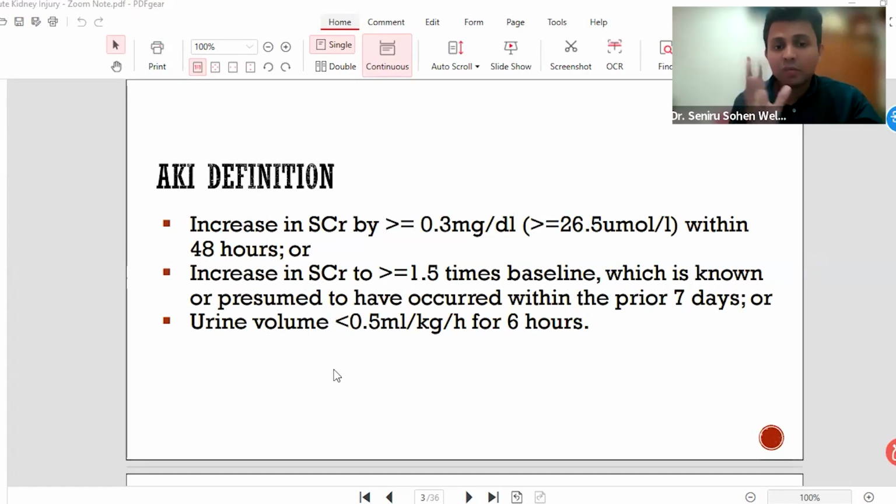So how much oliguria is different from person to person, and it's different in different definitions. But in the KDIGO, what we term as oliguria is urine output less than 0.5 milliliters per kilogram per hour for 6 hours. So we have had the RIFLE criteria, we have had the AKIN criteria, but the KDIGO criteria is the one that is commonly accepted now.